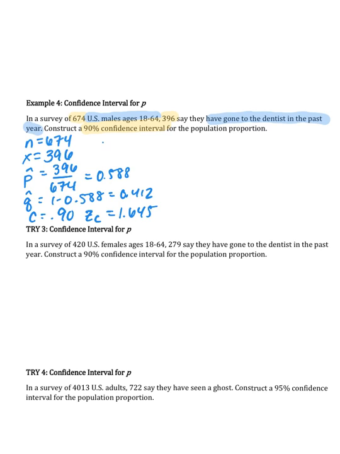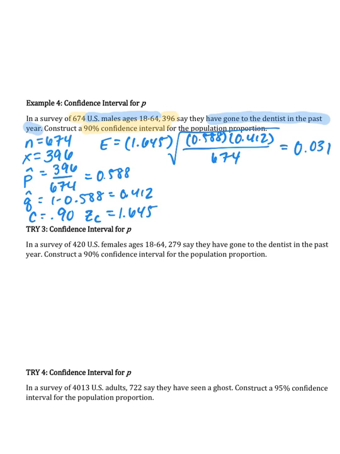Okay. Now we can calculate E, which is our critical value times P hat times Q hat all over N, and then that stuff all goes under the square root, and E is about 0.031, and that's good.